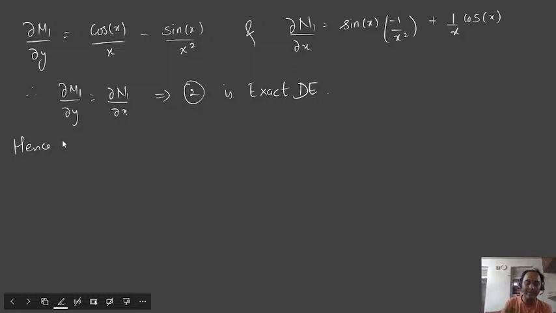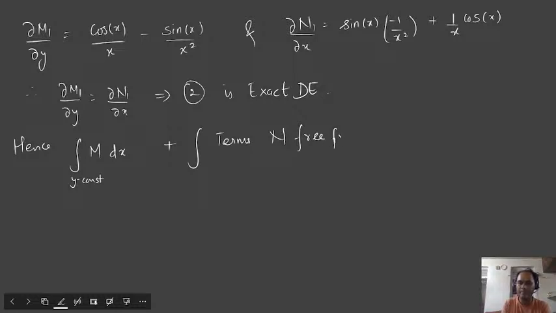Now while writing the solution, generally we write the integral of M dx with y constant, plus the integral of terms of N free from x, dy, equal to c.